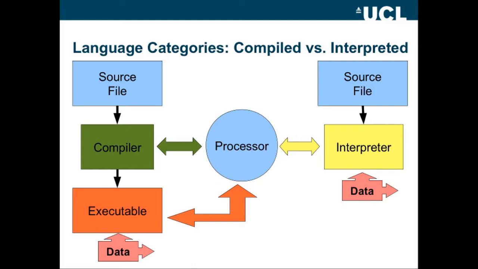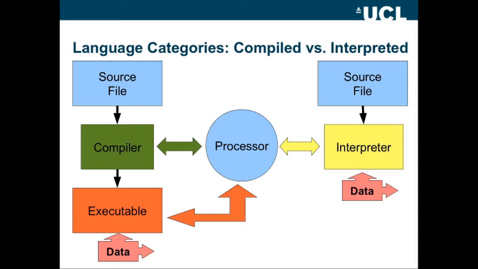But the advantage is that when you have an executable program, you don't have to go through this translation process of translating your source code into something that the processor can understand, which is what an interpreter does and a compiler does. But once you've got that executable in place, it can talk directly to the processor and do whatever it needs to do.